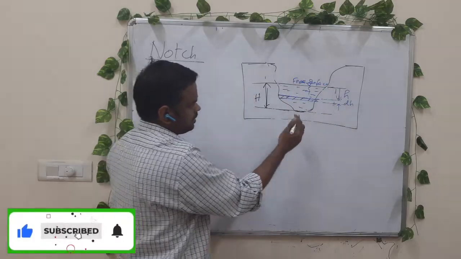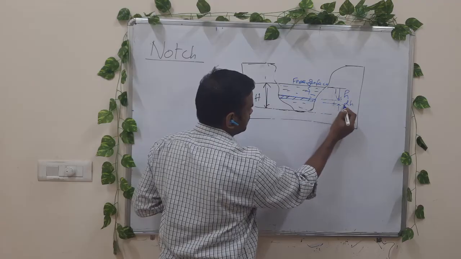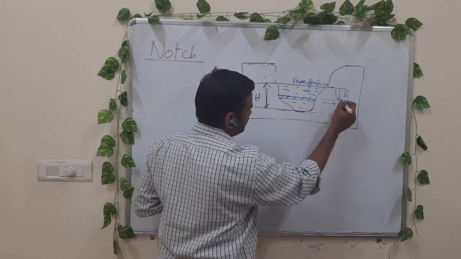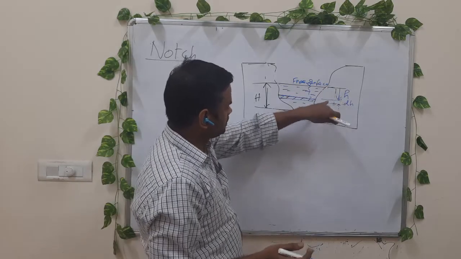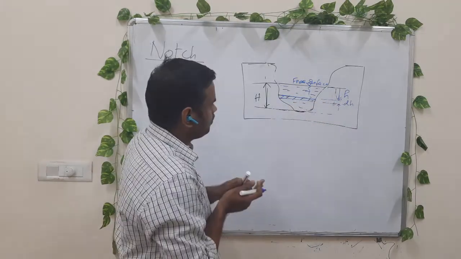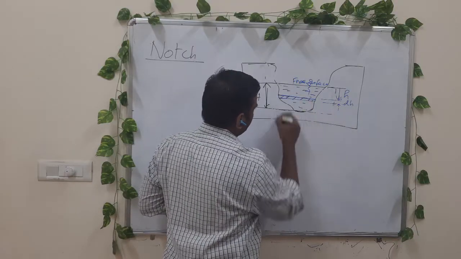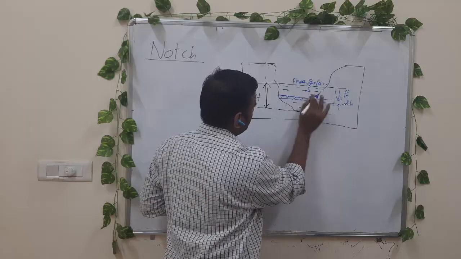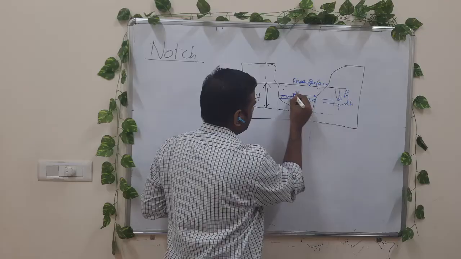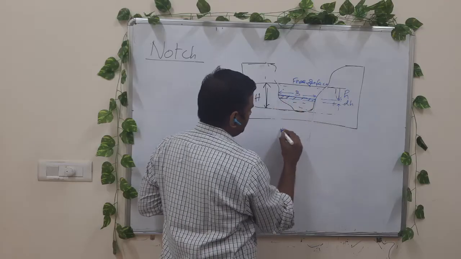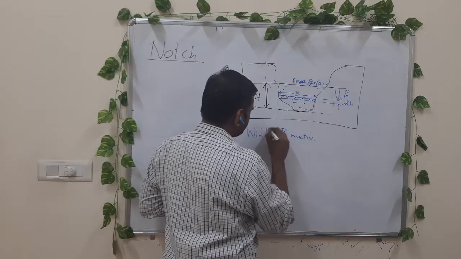From the free surface, you consider a small element of fluid of thickness dH at a depth of h meters. Let the breadth at this point be b meters, the width.